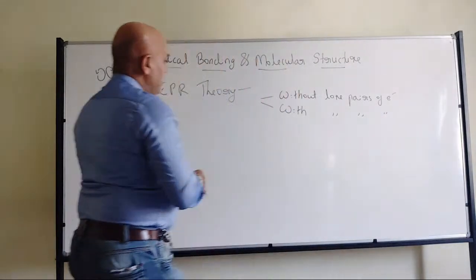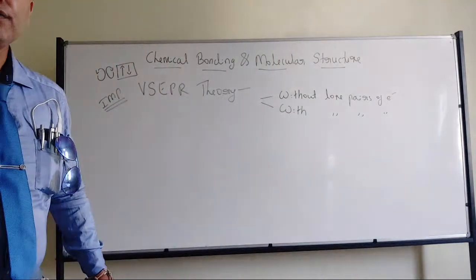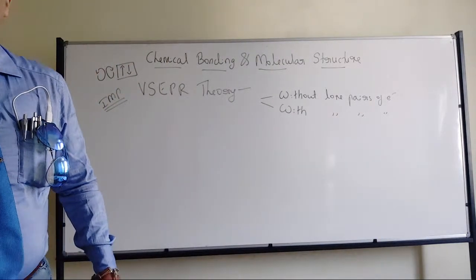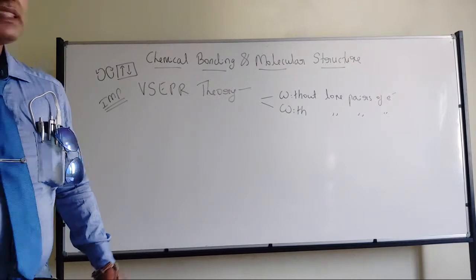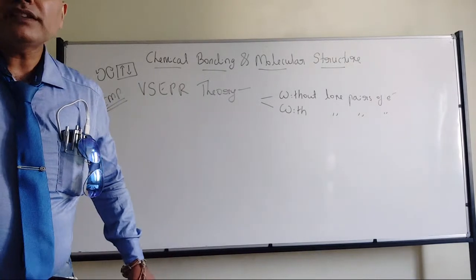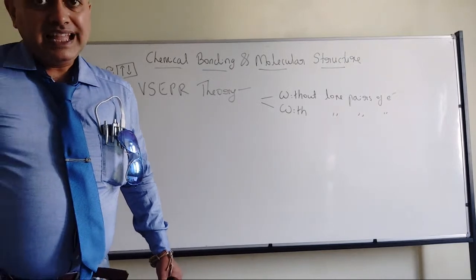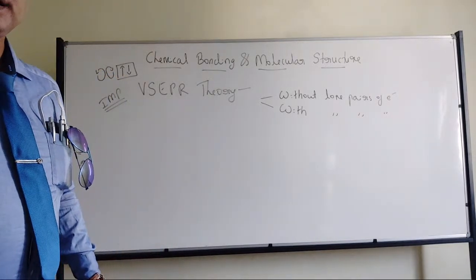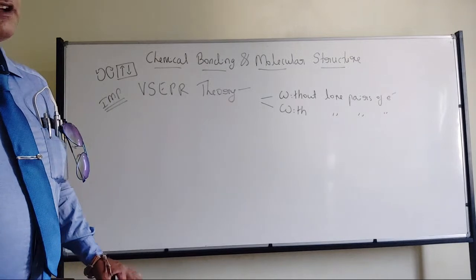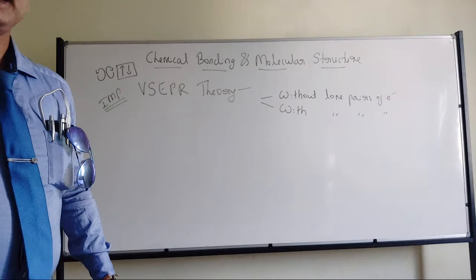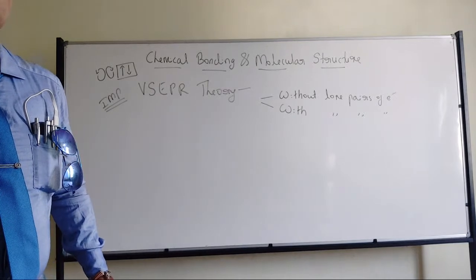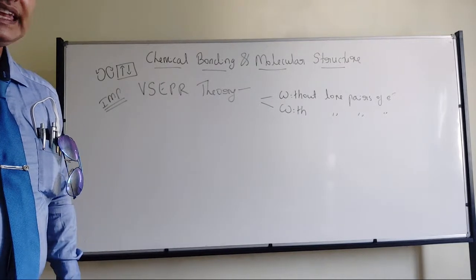So we can have in nature 2 types of compound based on VSEPR theory. One category is where there will be no lone pairs of electrons left over, and another category where lone pairs of electrons will be present. All of you have understood? Any doubts?